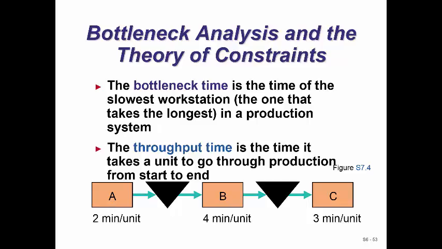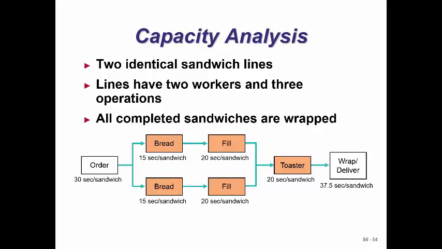Throughput times, same as before, and then capacity analysis. Again, it all gets back to process analysis, assigning each process, evaluating it, doing the comparison. Inherently, a process that's parallel like this is going to give you a little more flexibility than one large assembly line.